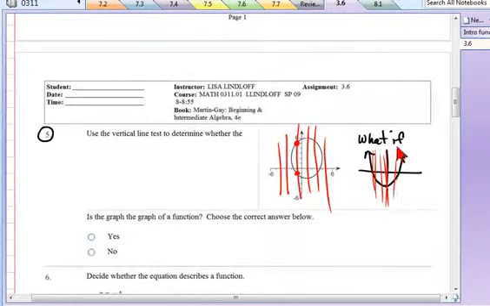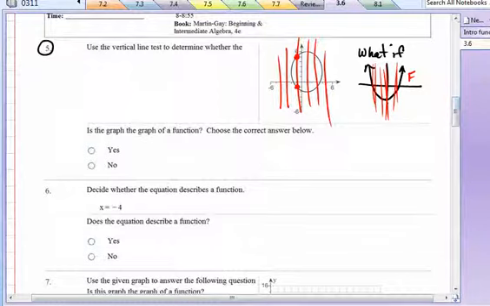Yes, I can't seem to draw a vertical line to save my life, but if you could pretend that those are vertical lines, that would pass. That would be a function. And there's lots and lots of things that are functions and equal number of things that are not functions. Okay, so if I go back and try to answer this, is it the graph of a function? My answer was no.